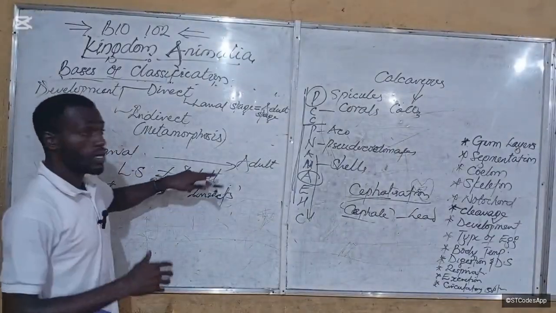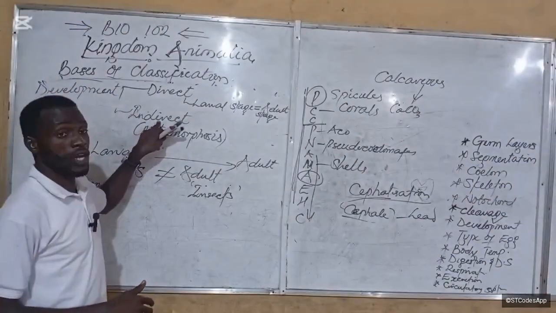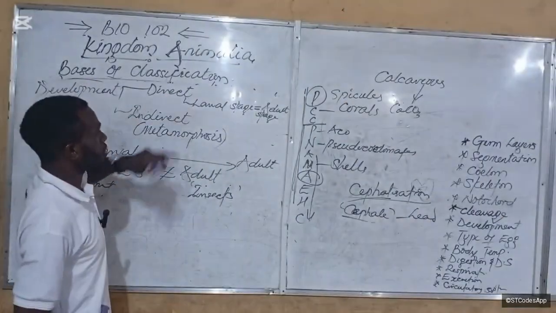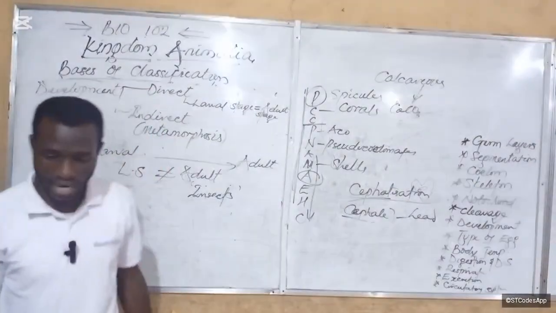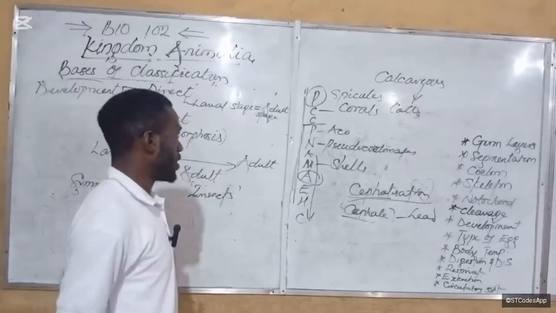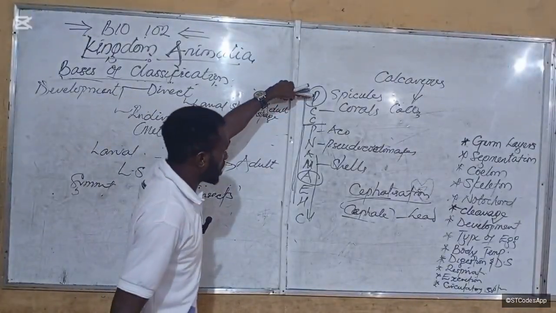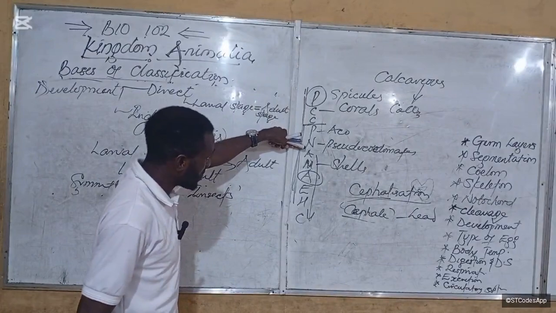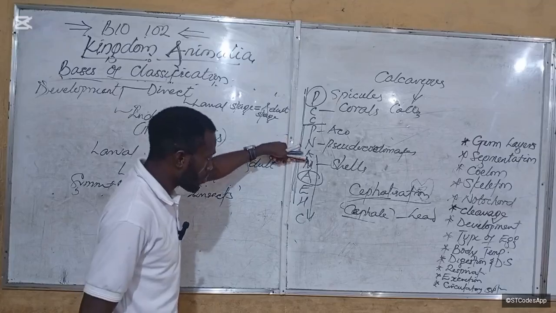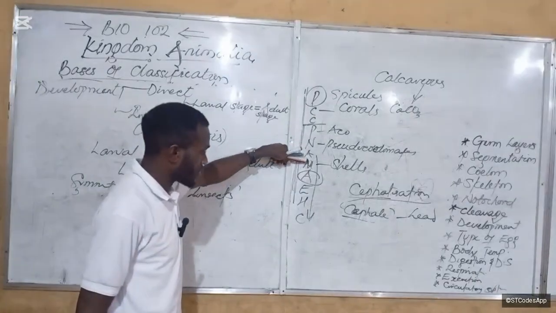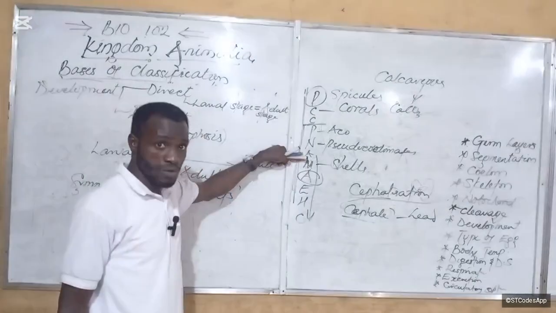Exactly. So from crustaceans to arachnids and all of that, they are all arthropods, and they all undergo indirect development. While we see direct development in mammals. All right. Then all of these guys from here downward, we have indirect development. Even with mollusks, we have indirect development, except in a few.